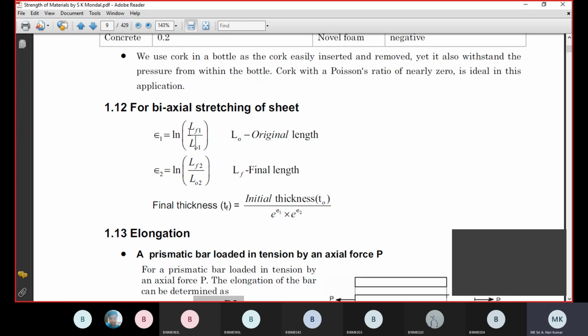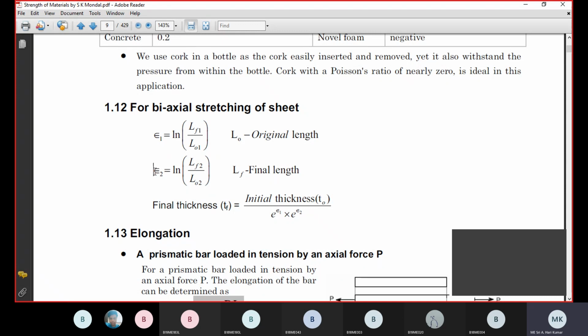So this might be along the length direction, this may be along the width direction. Natural log ln of Lf1 by Lo1. Why have we taken ln, not a simple change in length by original length? Because the thickness is very low, so that's why we take a natural log.